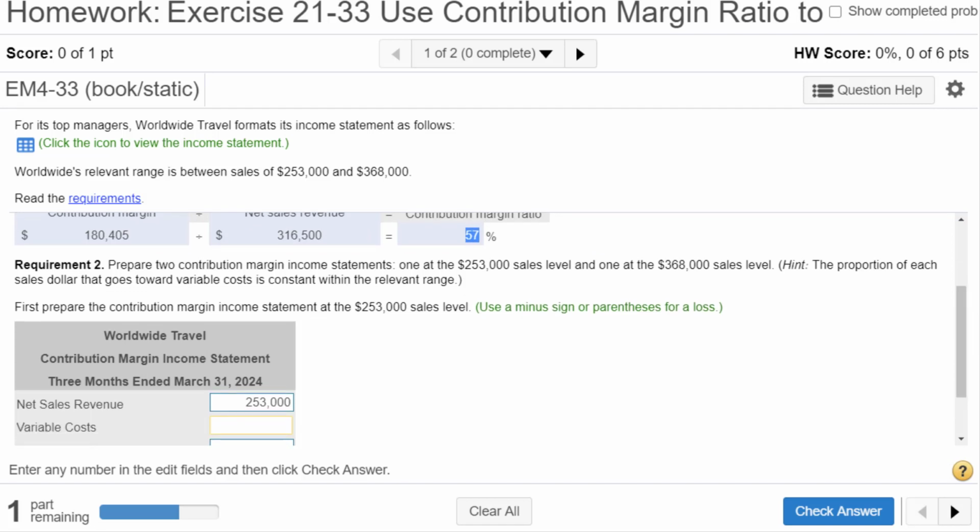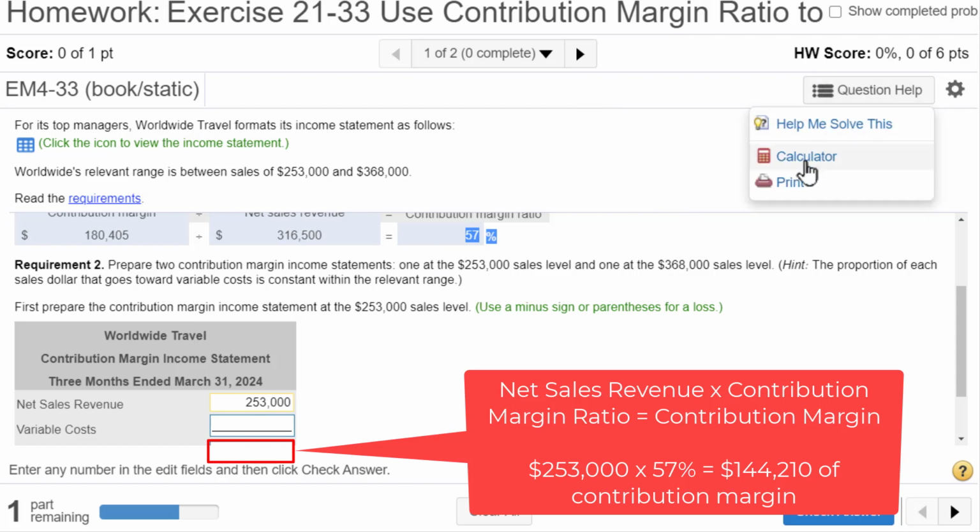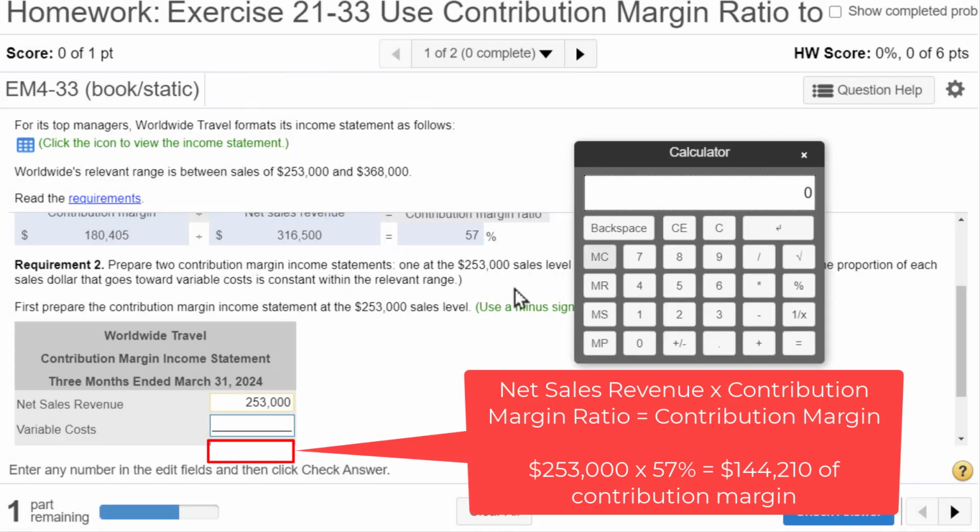So what we're going to do is take this 253,000 times 57%, and that gives us our contribution margin. So again, 253,000 times 0.57, which I get from right here, equals 144,210.